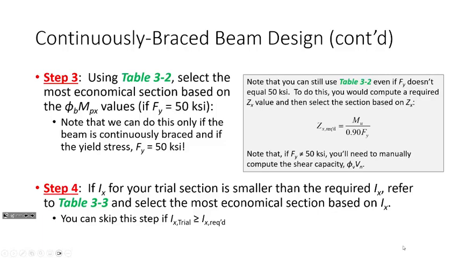Now for that trial shape we're also going to check its moment of inertia. If its moment of inertia is good, then we'll go with it. If its moment of inertia is not good enough, then we're going to go back and select a new shape from table 3.3.